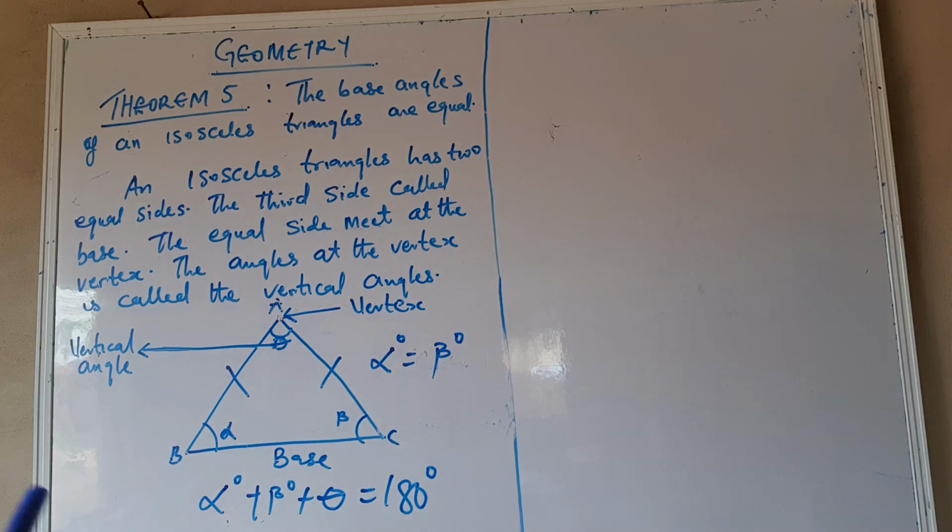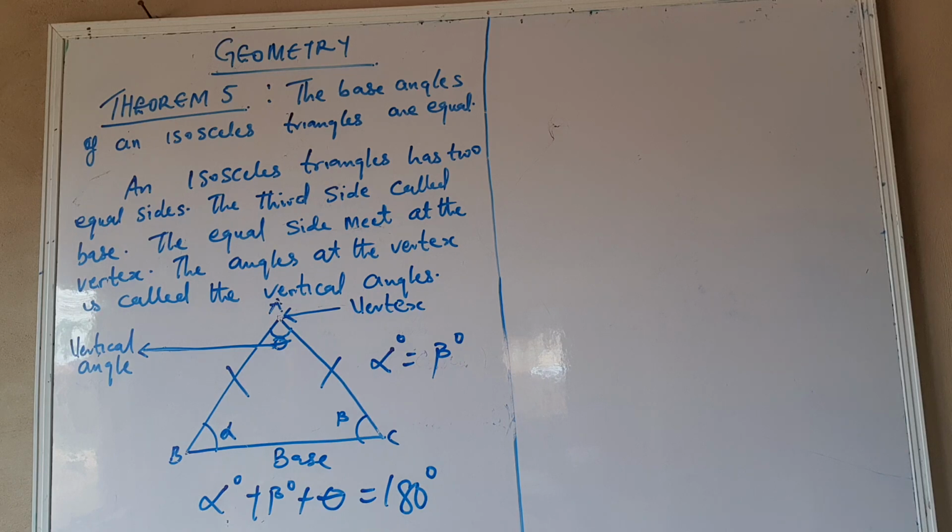And this explains the major concept in an isosceles triangle. It is made up of 3 sides. 2 of the sides are equal, and the last one is called the base. And after that, the 2 equal sides meet at the vertex, and that makes an angle, and that angle is called what? A vertical angle.